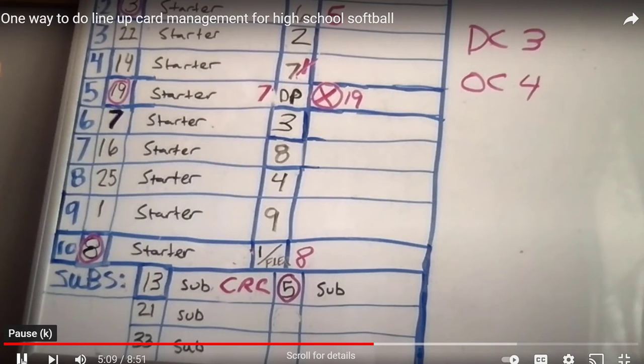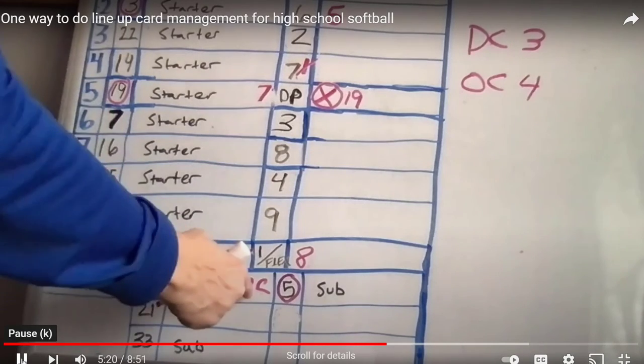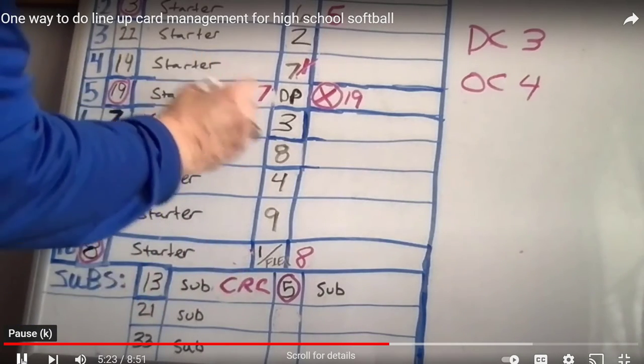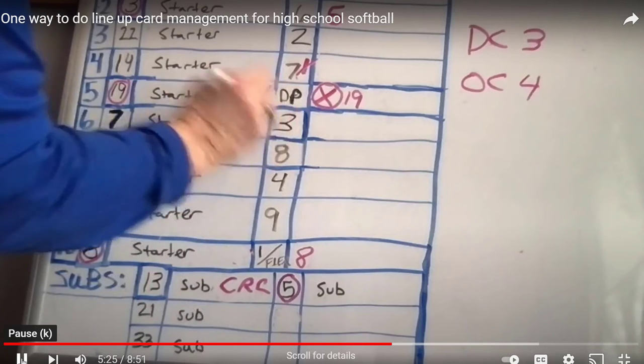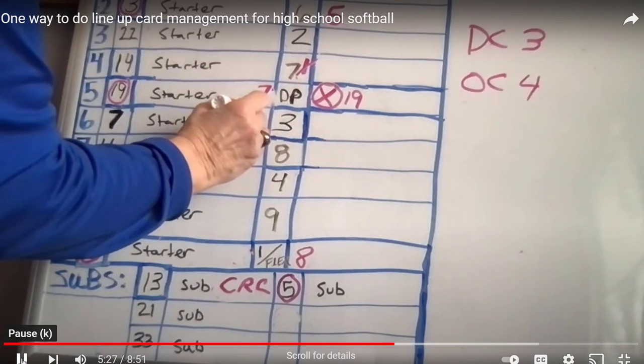So now, let's say that we're going to put in a new catcher. Okay, we're going to switch and have a new catcher. Now you need to write that down because that's who's going to be able to be courtesy run for. Let's say the first baseman becomes the new catcher.